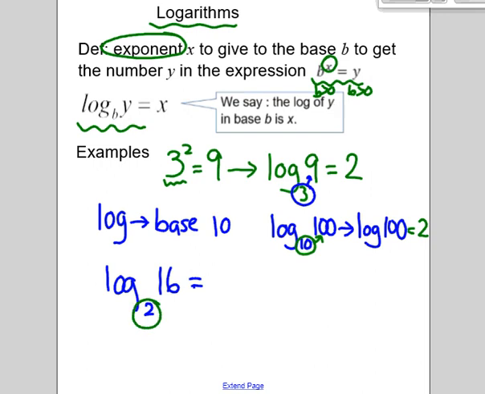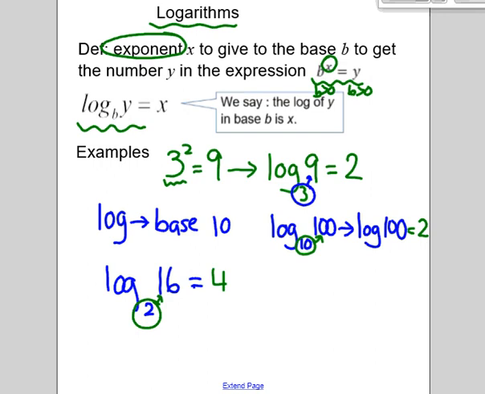It's the exponent you need to give to 2 to get 16. So 2 exponent what will give you 16? So I suggest you count. So 2 times 2 is 4, times 2 is 8, times 2 is 16. So as I was counting, I would use my finger to count how many 2's I use. I use 4. So this is equal to 4.